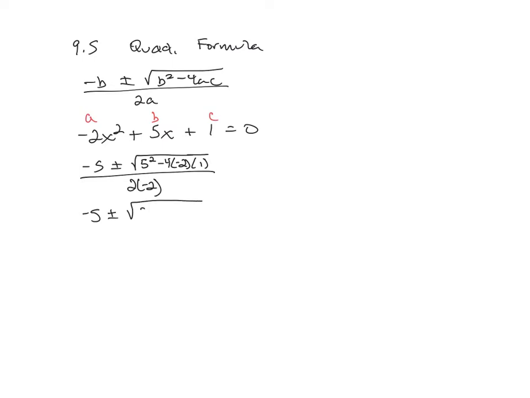So 5 squared is 25. Okay, and then negative 4 times negative 2. So negative negative is a positive. That's an important piece. Don't just put minus. Negative negative positive 8, and 8 times 1 is still 8. And we get negative 4 in the denominator: 2 times negative 2. So negative 5 plus or minus the square root of 25 plus 8, which is 33.